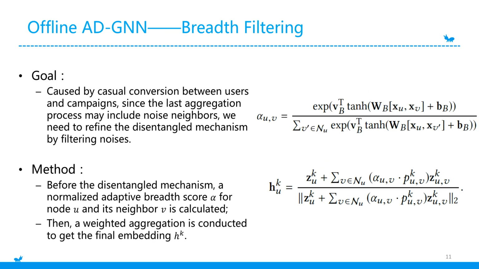The above disentangled mechanism neglects that there could be noisy edges due to, for example, cultural conversions between users and campaigns. To address this problem, we refine the disentangle mechanism by incorporating an adaptive breadth function to enhance the propagation along important edges so as to eliminate the noise.